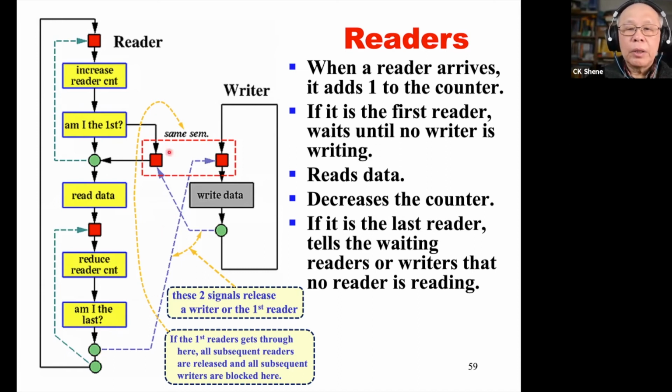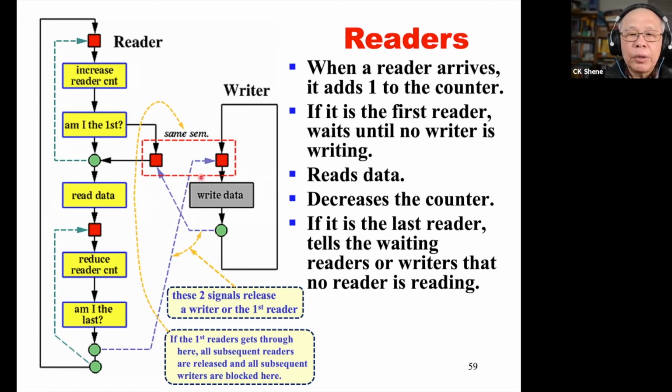I simply signal this semaphore. If there's no one waiting, fine, just add one to the counter. And if there is someone waiting, this signal could release a writer or the first reader. Okay, so think carefully. My question is, this signal comes.